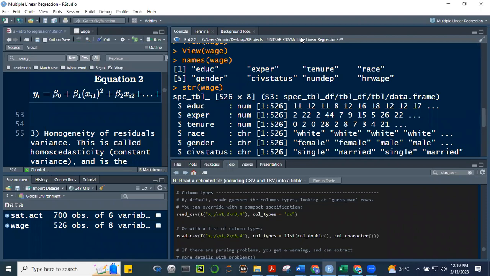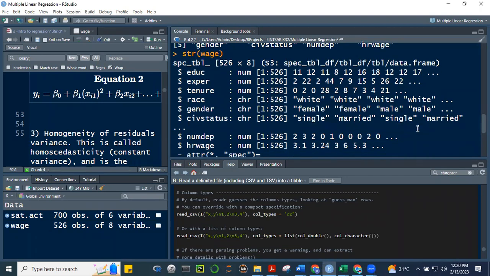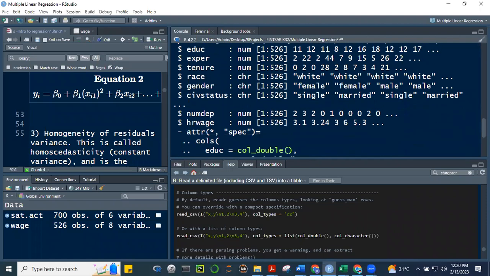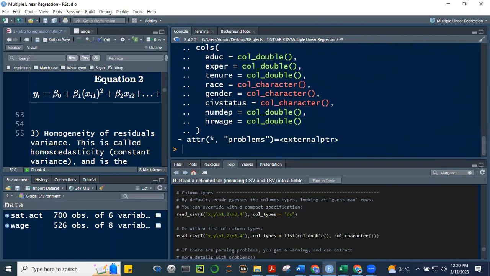And as we go along, we will discuss what a table is. Okay, so here you have wage dollar education. You have numeric, numeric, numeric. Then you have race, character, gender is character, civil status is character, number of dependents is numeric, hourly wage is numeric.